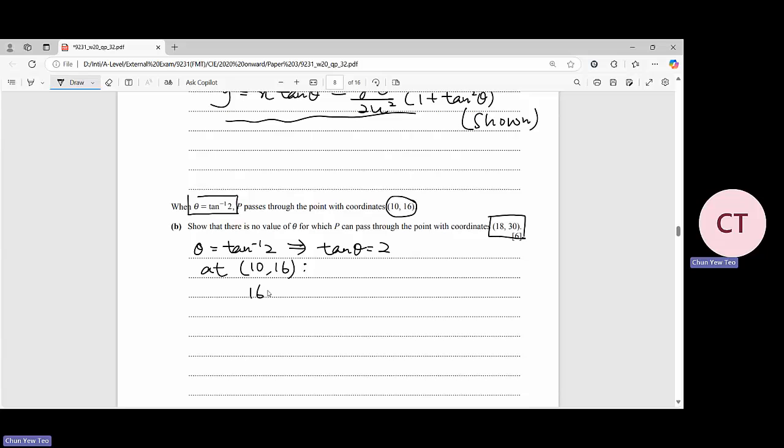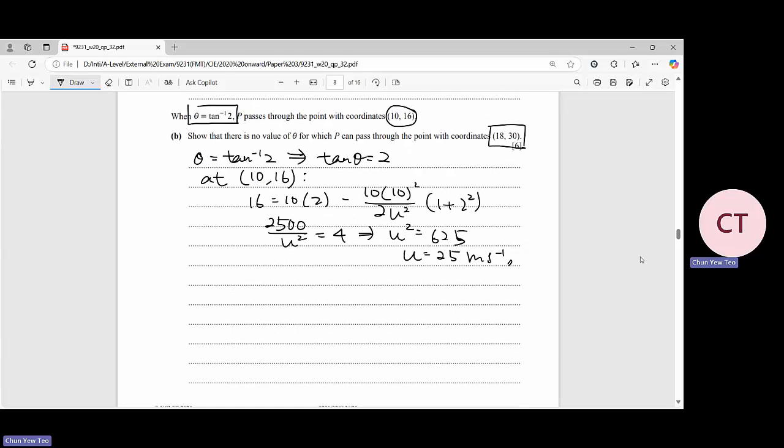So you have 16 equal to the x tangent theta minus g x squared over 2u squared times 1 plus 2 squared. If you press a calculator, you will get 2500 over u squared is equal to 4. That will give you u squared is equal to 625, and your u is 25 meters per second. So this is how you find the u.